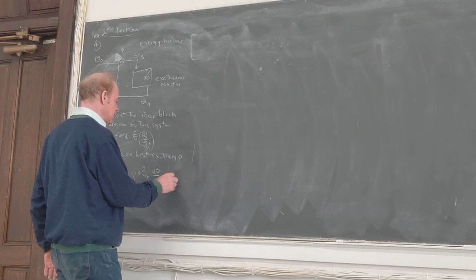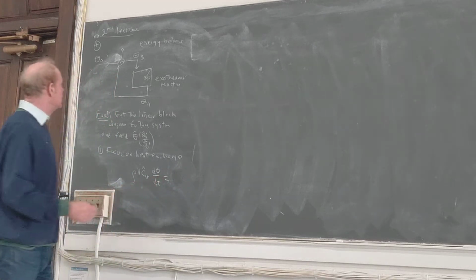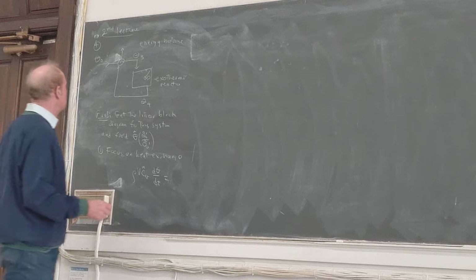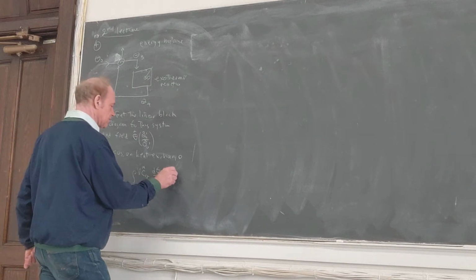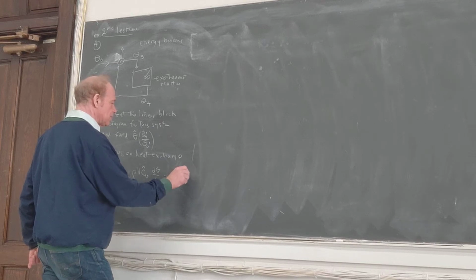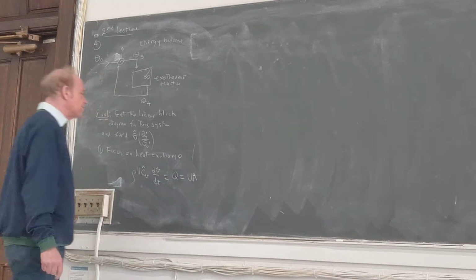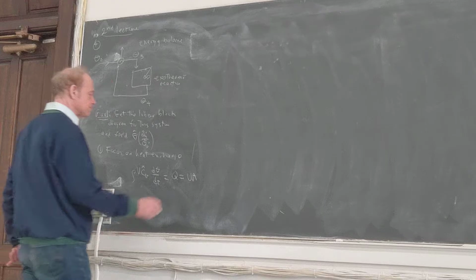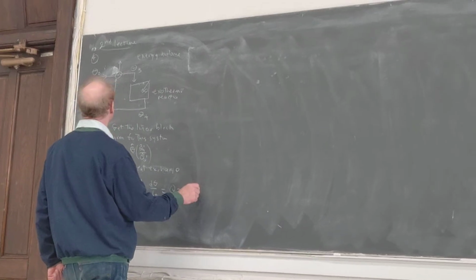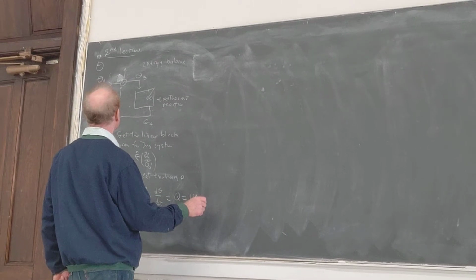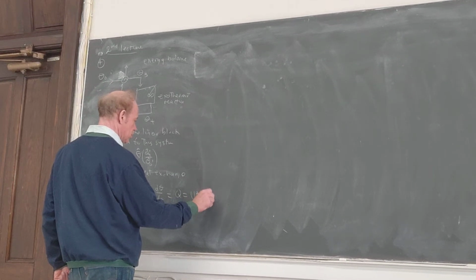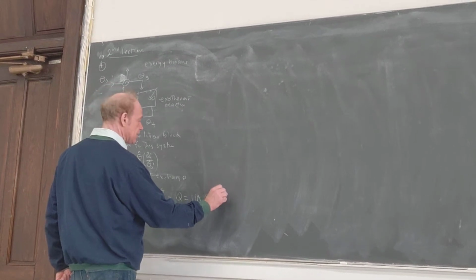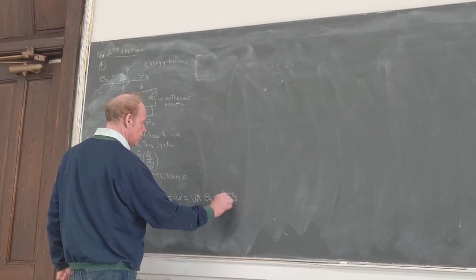Let's just say I've got this Q equal to UA times theta 4 minus theta 0 plus theta 3 over 2.